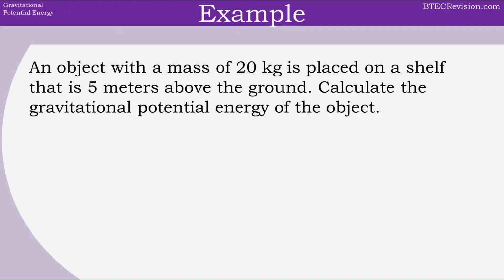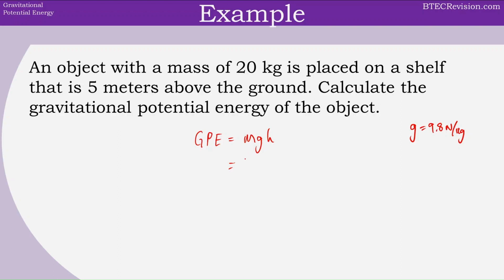Now, let's look at an example. An object with a mass of 20 kilograms is placed on a shelf that is 5 meters above the ground. Calculate the gravitational potential energy of the object. We will start by writing down the equation GPE equals mgh. And we are going to assume this is here on Earth. g is equal to 9.8 newtons per kilogram.